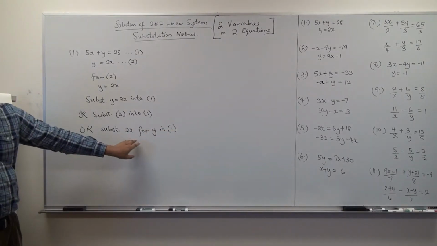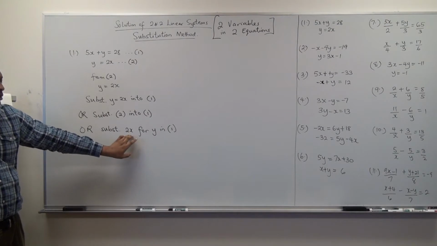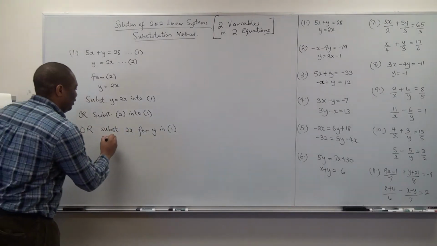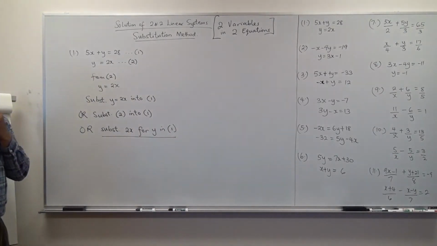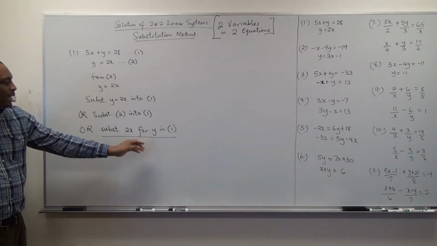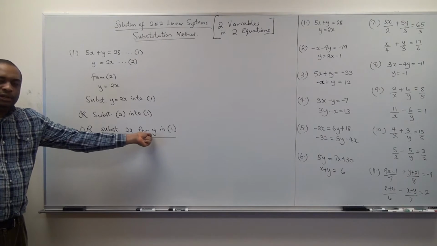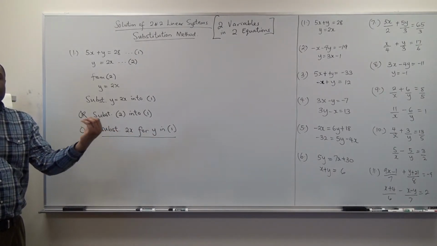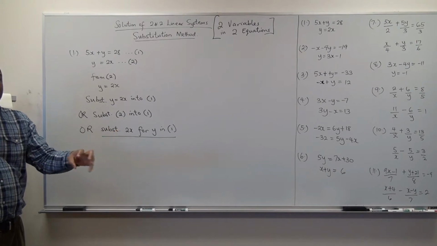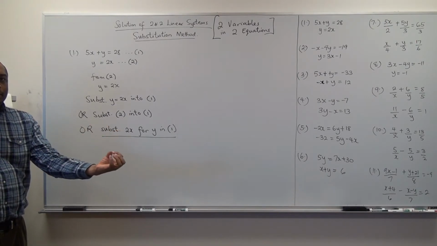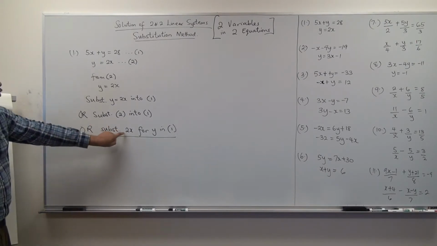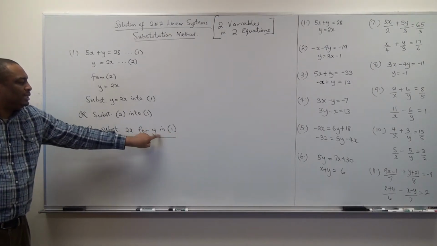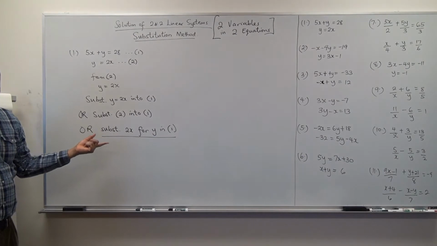Some people prefer going with this, and that is what I would prefer to say. This means that wherever you see y, you put 2x. Just like the salad, substitute French fries for salad. That means instead of having salad, you take the French fries. So this means that we go to equation 1, and wherever we see y, we put the 2x.